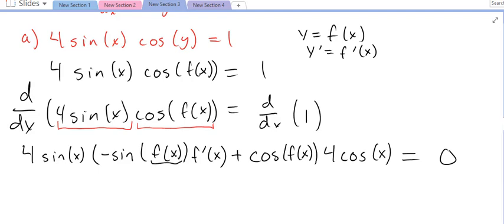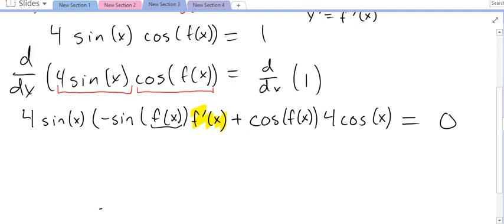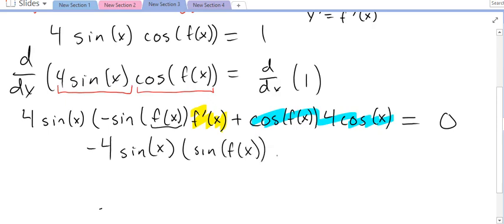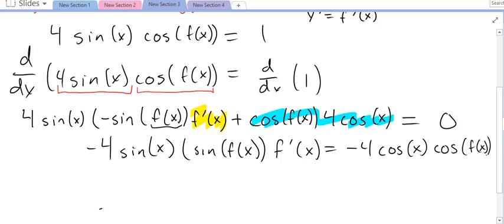And then from there, we want to just solve for that f prime of x. So I'm going to start by subtracting the part without an f prime over, that cosine of f of x times 4 cosine of x. And so we get, I'll pull that negative out, so 4 sine of x times sine of f of x times f prime of x will equal negative 4 cosine of x times cosine of f of x.